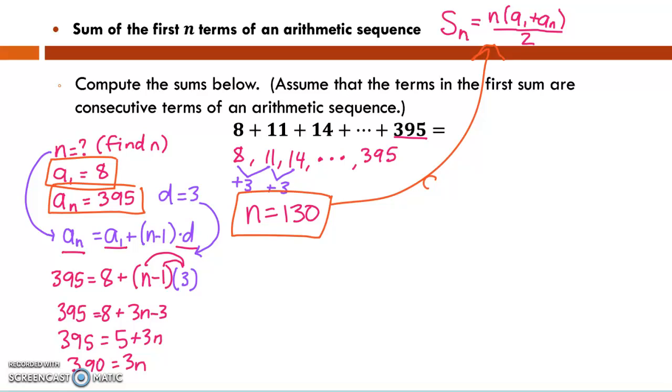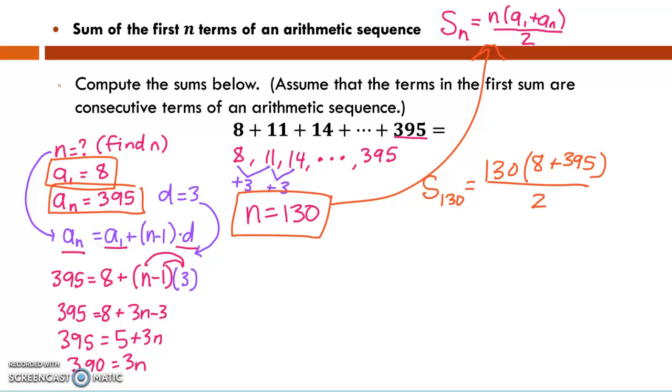So the sum of the first 130 terms is going to equal what? n, which is 130, times a sub 1, which is 8, plus a sub n, which is 395, divided by 2.